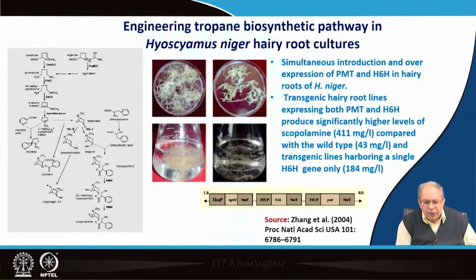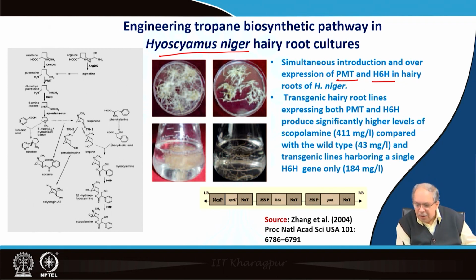Subsequently, scientists used another plant as a model, which is Hyoscyamus niger itself, and Hyoscyamus niger is also known to produce hyoscyamine. Now, they are putting PMT and H6H either as a single drive or jointly.